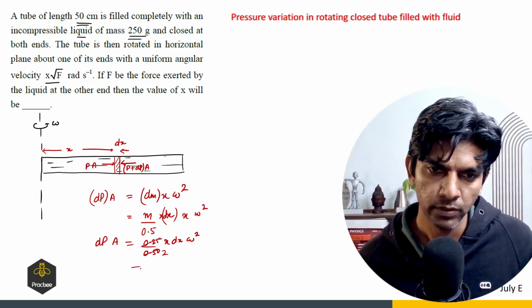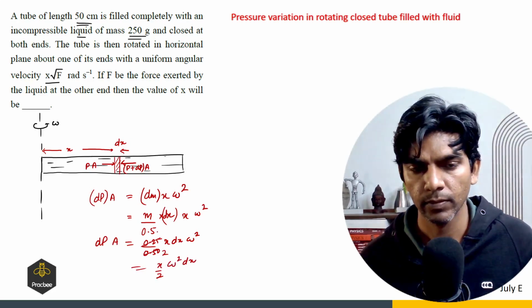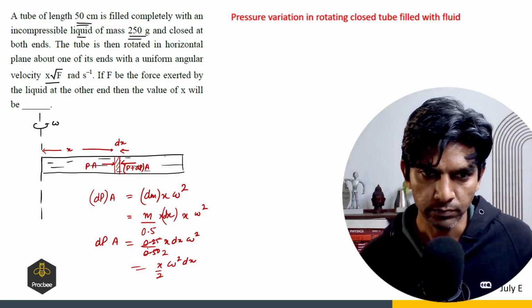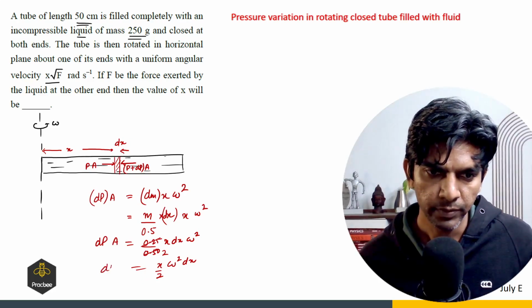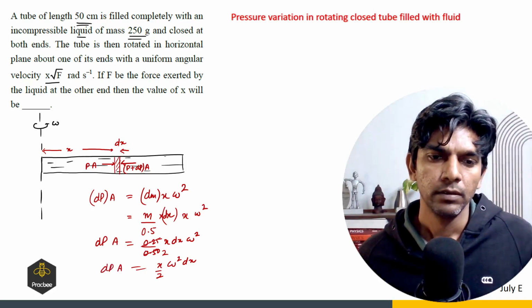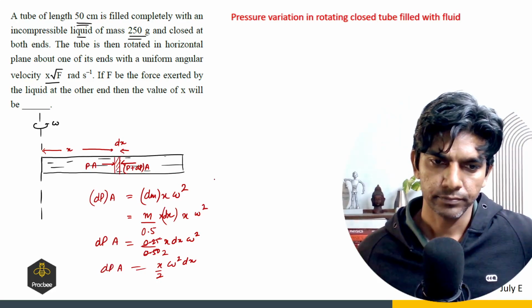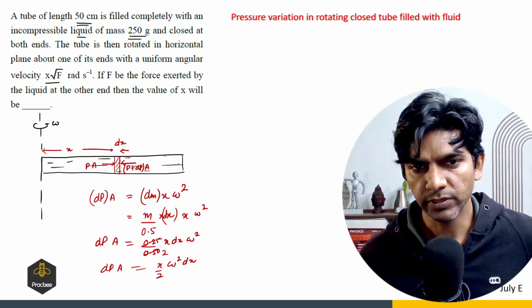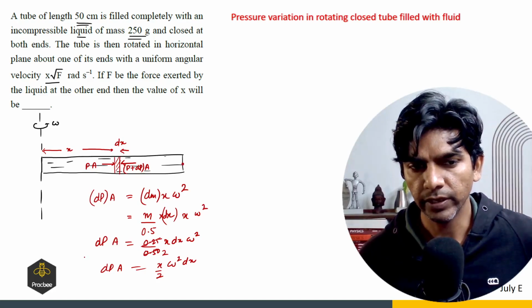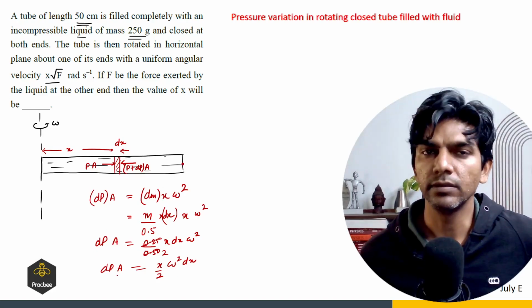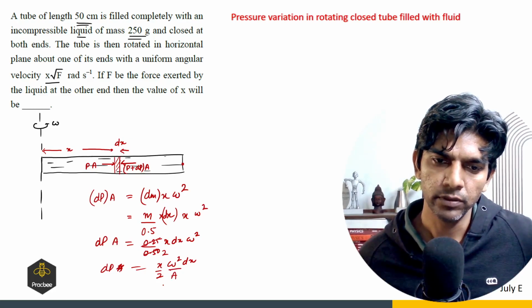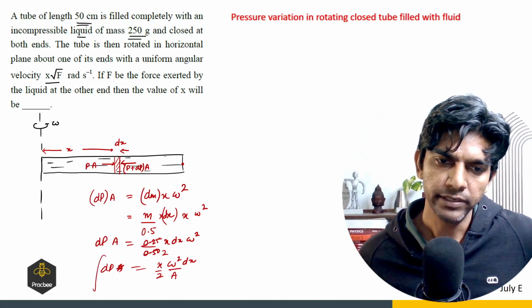So this will be 2, so we're getting x by 2 omega square dx equals dP times A. Now what is the force experienced at the right end? From this we can find the pressure variation. So let me take this A on the other side. So let us integrate this.